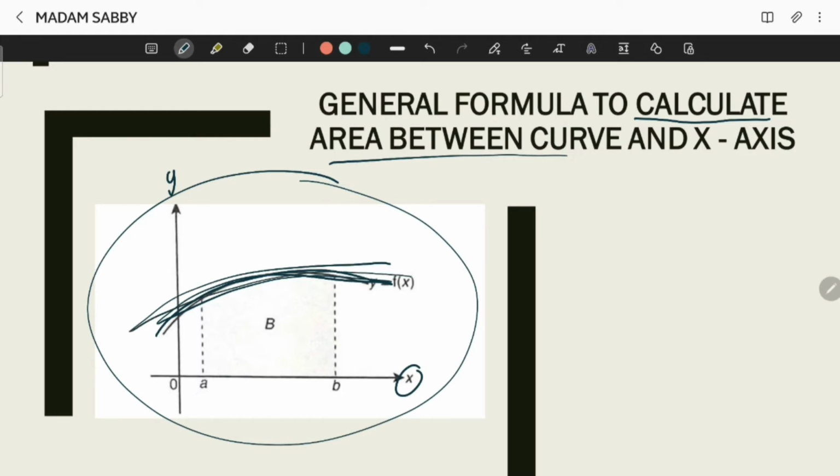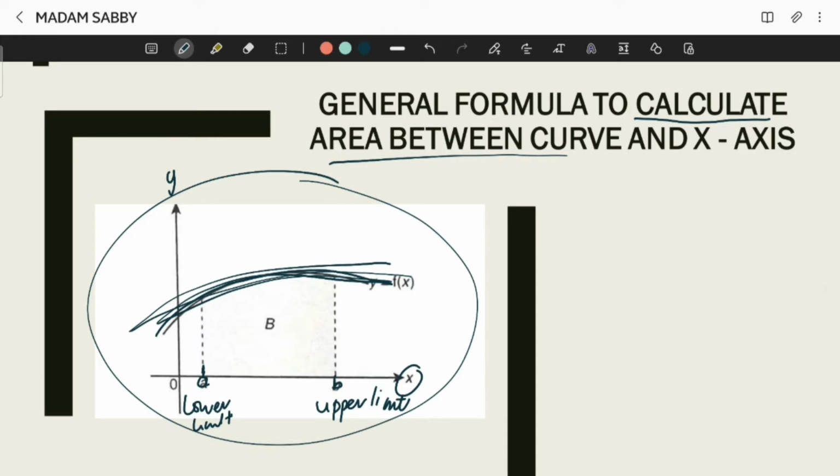There are 2 points here, one at A and another at B. A and B are the x coordinates. The value at B we refer to as the upper limit, and the value at A we name the lower limit, because it should have a smaller value compared to B.